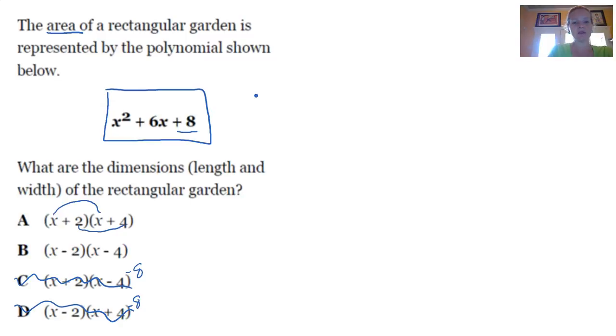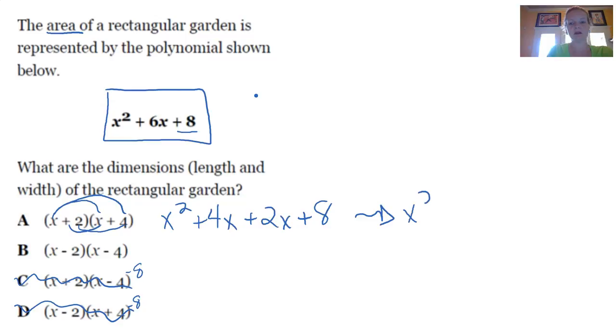So if I work out the first one, it's x squared plus 4x plus 2x plus 8. Combine my inners and my outers, and I will get 6 x's plus 8.